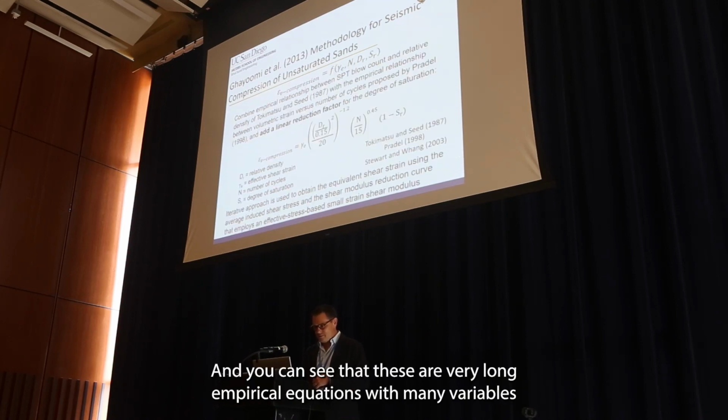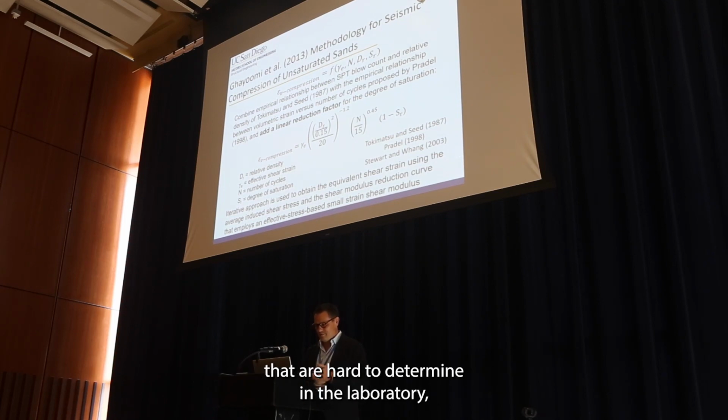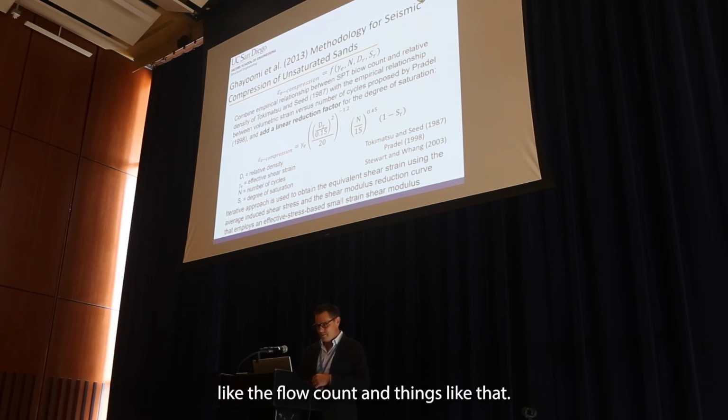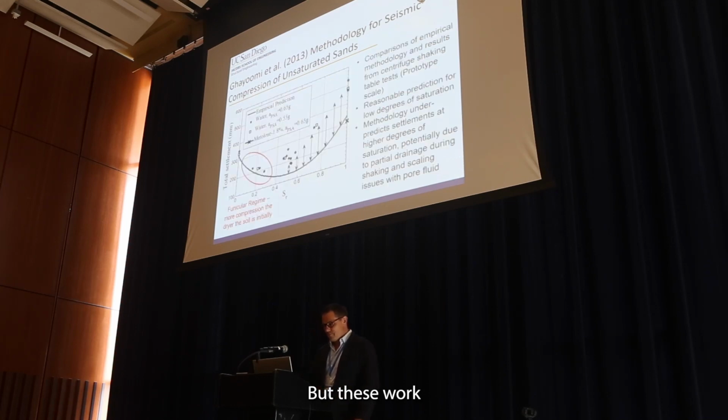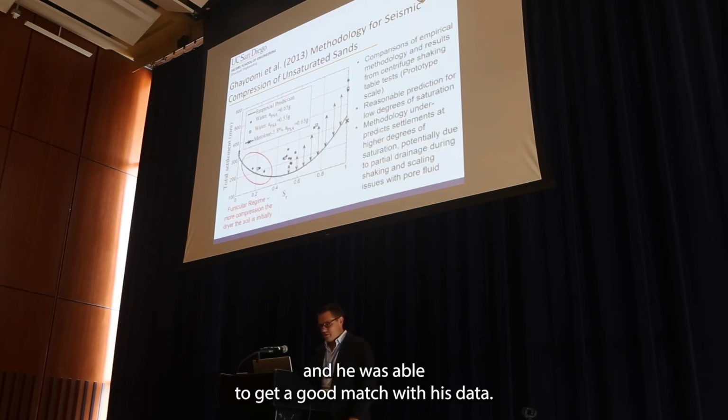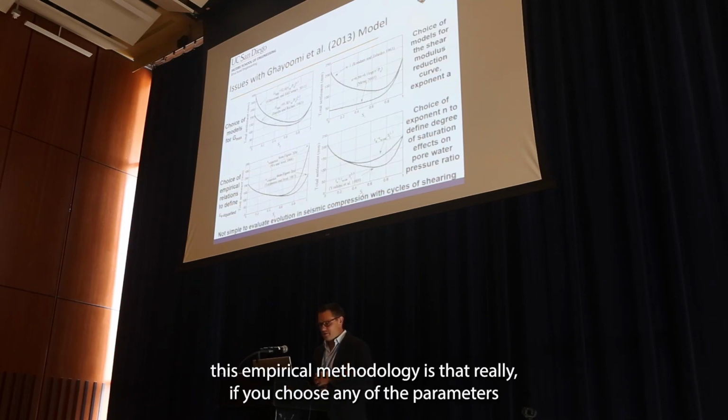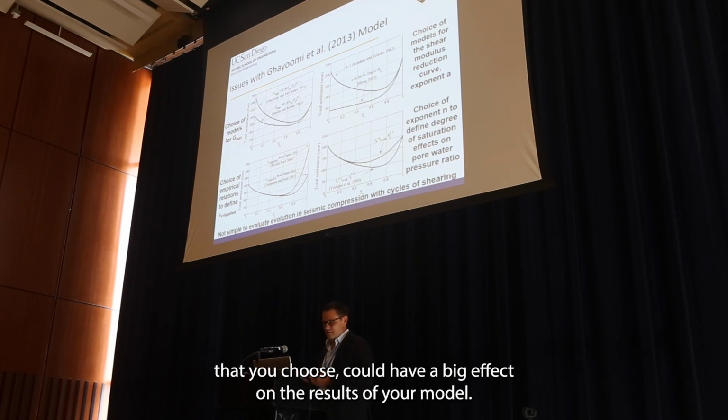And you can see that these are very long empirical equations with many variables that are hard to determine in the laboratory, like the blow count and other things like that. But these work, and he was able to get a good match with his data. But the problem with this empirical methodology is that really any of the parameters that you choose could have a big effect on the results of your model.